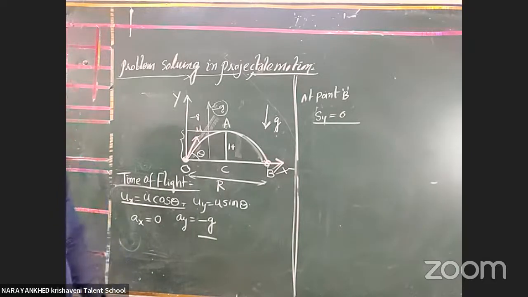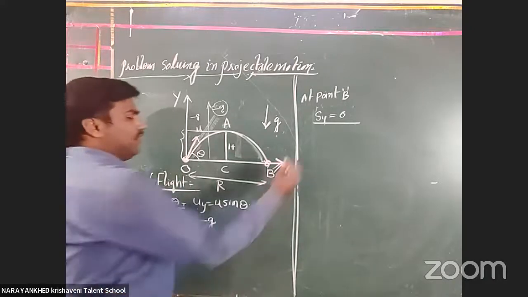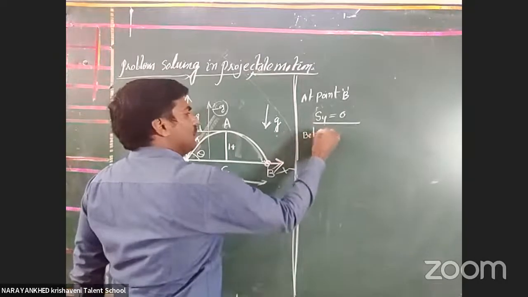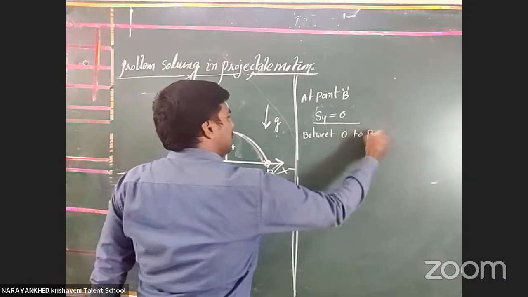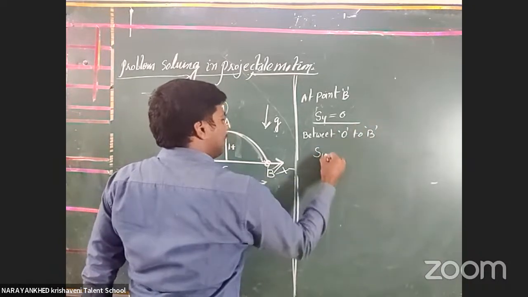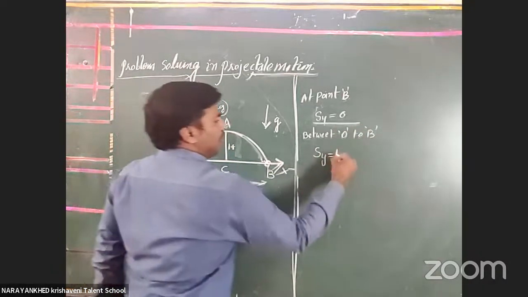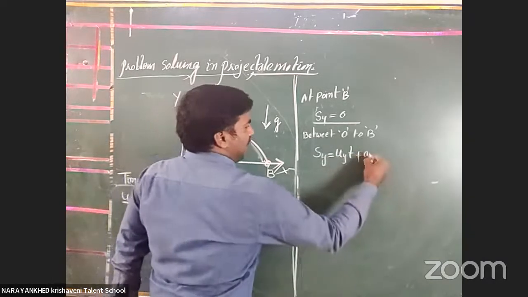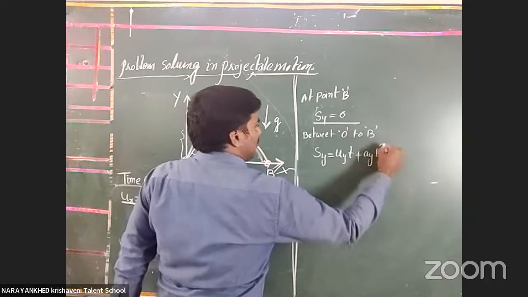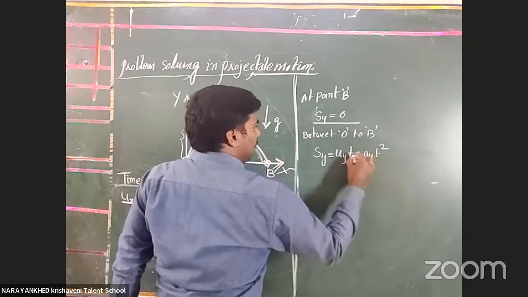But between O and B, the body has traveled. The traveling distance is taken as SY is equal to what do we have to write? UY into T plus half AY into T square.